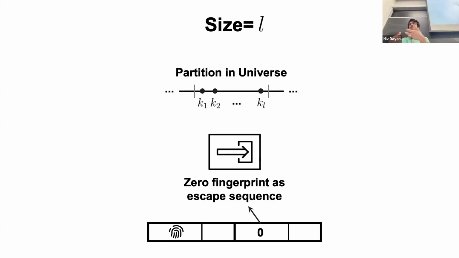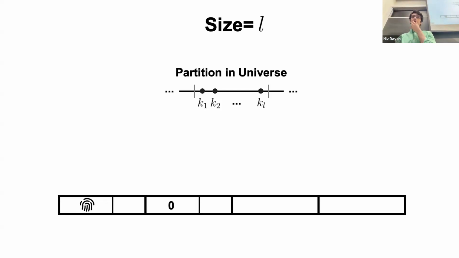And the 0 fingerprint in that decreasing order is going to act as an escape sequence, right? So the moment I see a fingerprint that's decreasing, I know I'm in this special encoding case, so I'm going to parse the keepsake box differently. Okay. So that's how we set up the fingerprint bits in some sense.